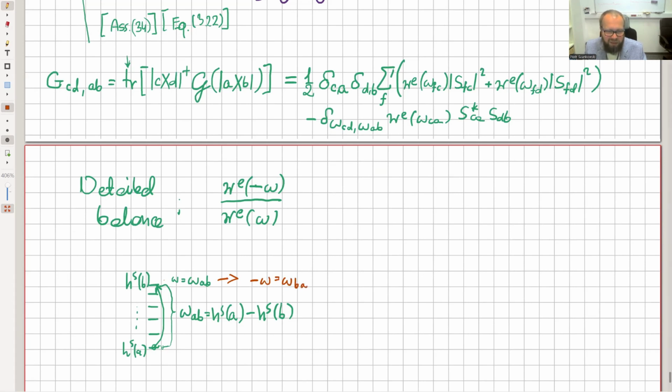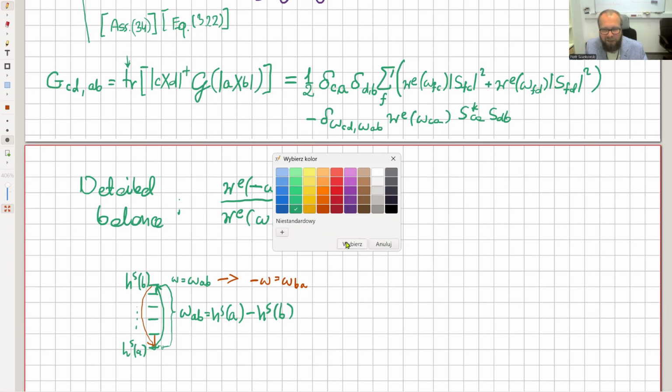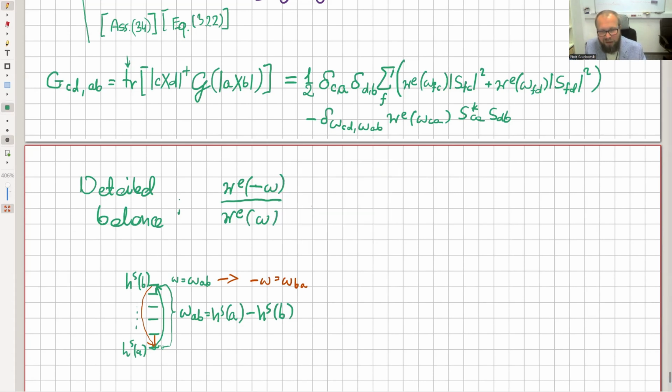So this would describe a transition going back. And when you take a ratio of those two, there is a special rule that applies here, because this ratio is fixed by the temperature of the bath.